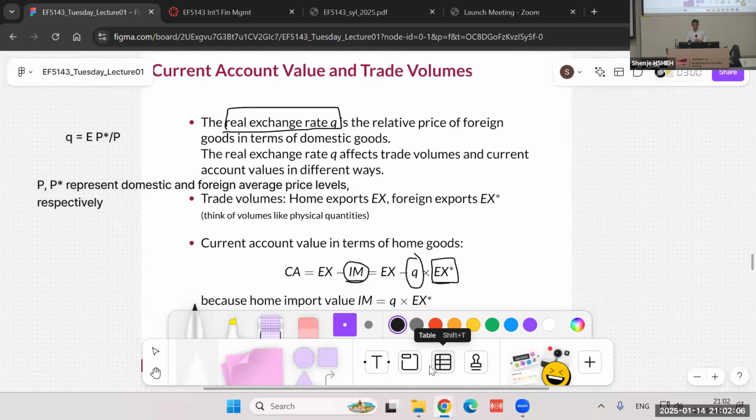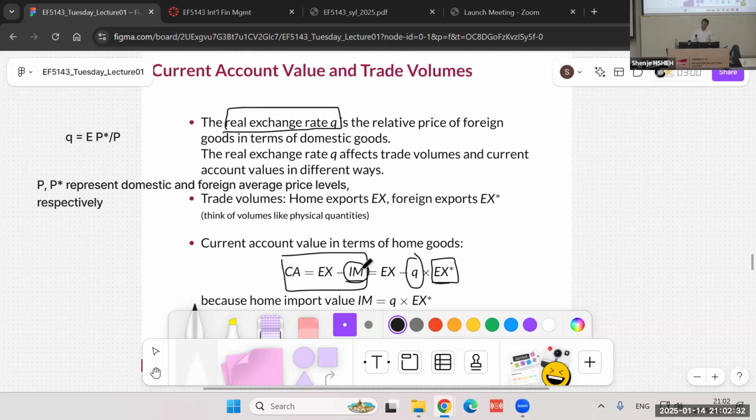Make sense? Let me say that again. The current account definition that was presented to you earlier is equal to exports minus imports. Anytime there's no asterisk, it means these numbers are in quantities of local currency, US dollars, Hong Kong dollars, Chinese yuan, whatever. But I want to interpret IM not in domestic currency but in foreign currency.